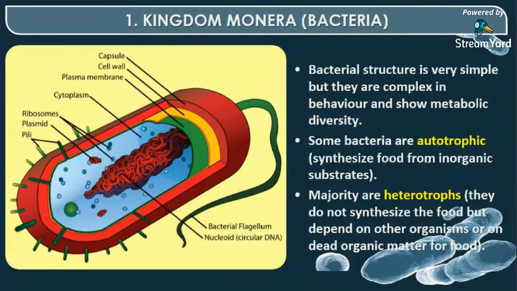Some bacteria are autotrophic, that is, they synthesize their own food from inorganic substrate. Some are chemosynthetic autotrophs, that is, using certain chemicals they prepare their own food.